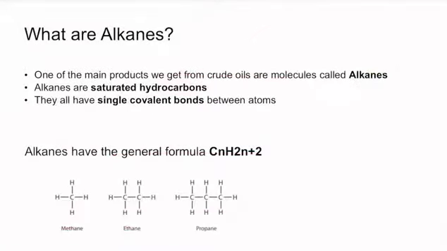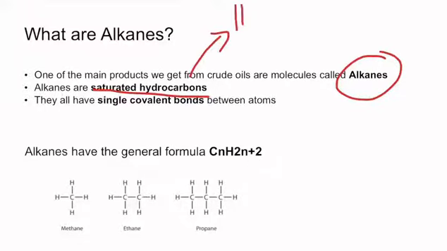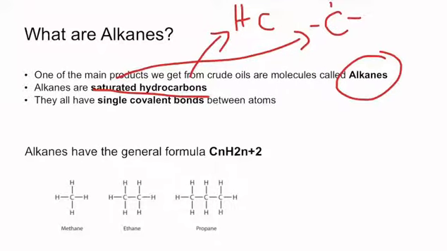Alright, so now let's discuss what are the alkanes. From these crude oils that we've just discussed, one of the main products that we get are these chemical molecules known as alkanes. Now alkanes are saturated hydrocarbons. What we mean by that is you'll remember that a hydrocarbon is a molecule made out of only hydrogen and carbon atoms. And what we mean by saturated is that every carbon atom has the potential to bond to 4 other atoms.